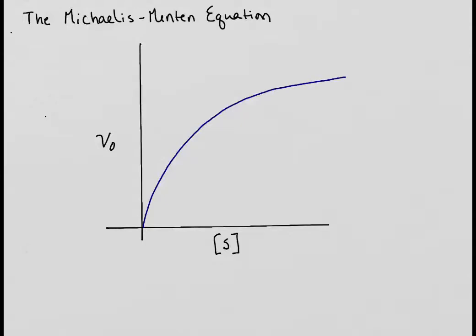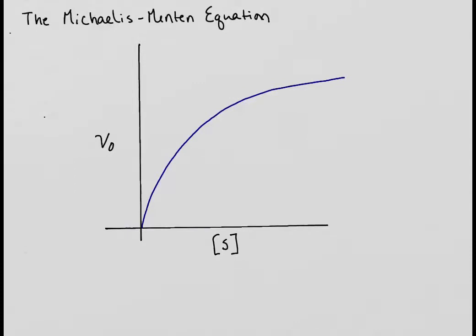So this value here, and it's fun using your ruler on an iPad, will approach Vmax. So this dotted line, maximal velocity. And we recognize a couple of important things here.